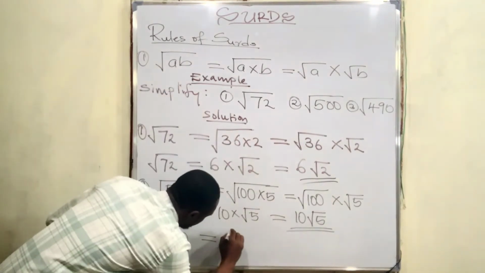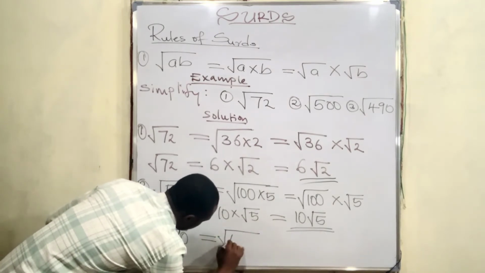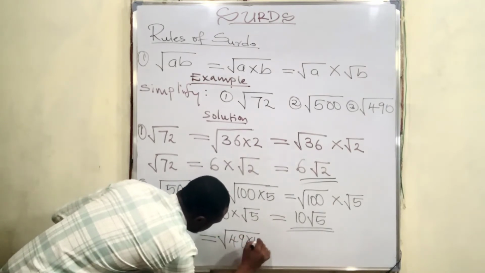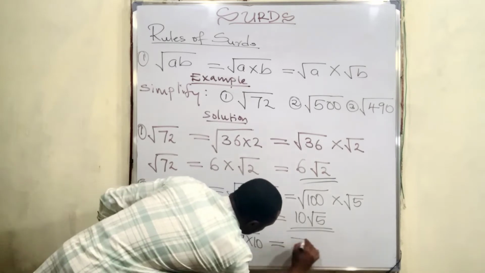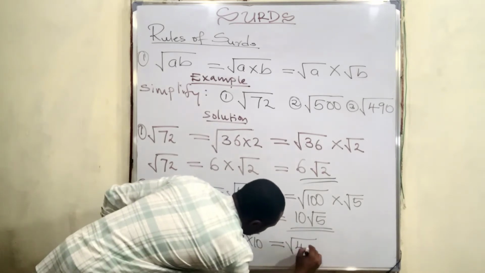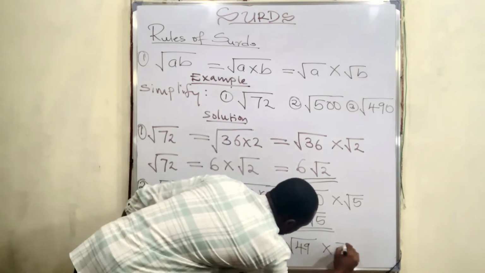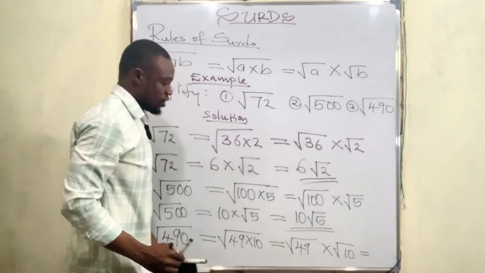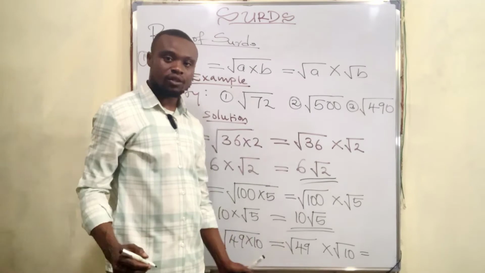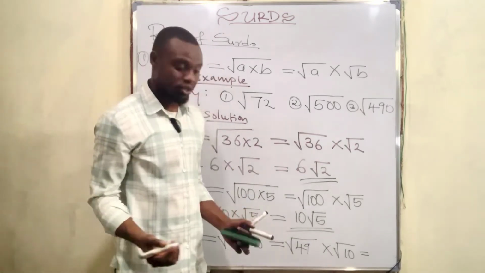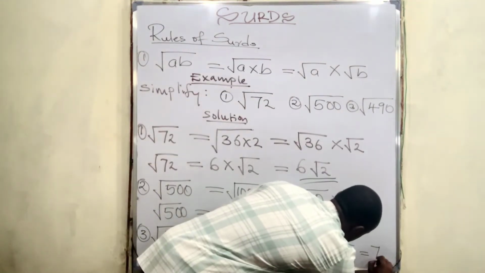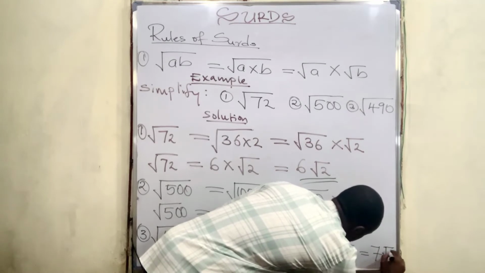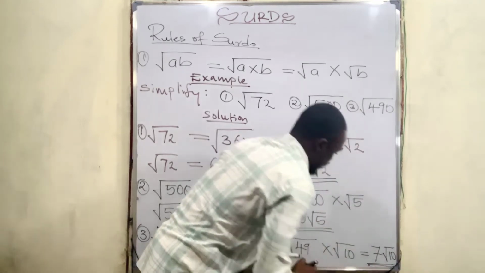So we have 49 times 10 equal to the individual root of 49 times the individual root of 10. So root 49 is 7. Root 10 is irrational. So we have 7 root 10 as our answer.